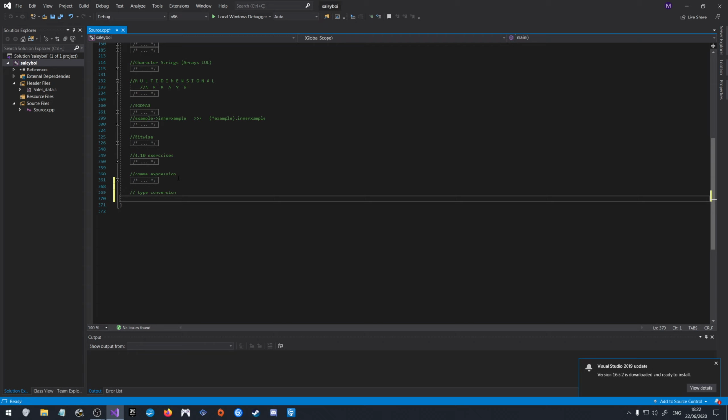Exercise section 4.11.3, exercise 4.36. Assuming I is an int, D is a double.